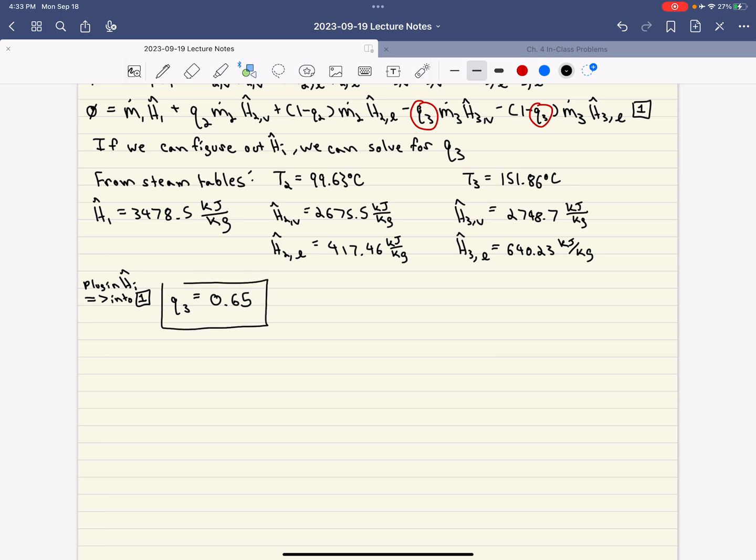And so that says that 65% by mass of the outlet stream is in the vapor phase. You know, it's much higher than in stream 2. Okay. Once we have stream 3, we could then figure out M3V and M3L.